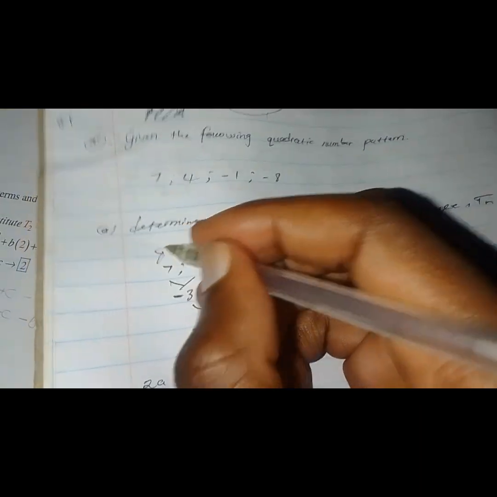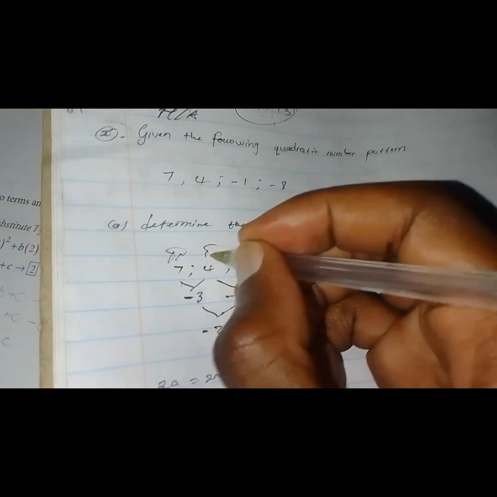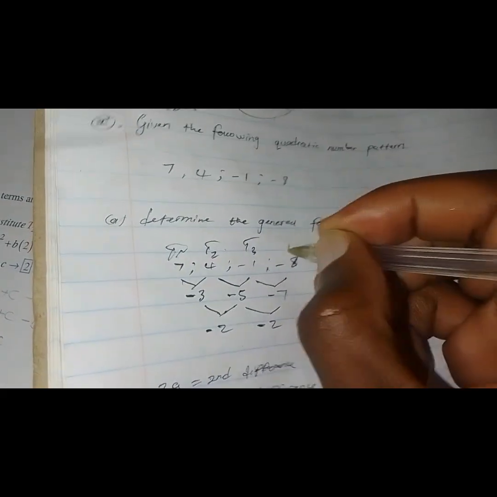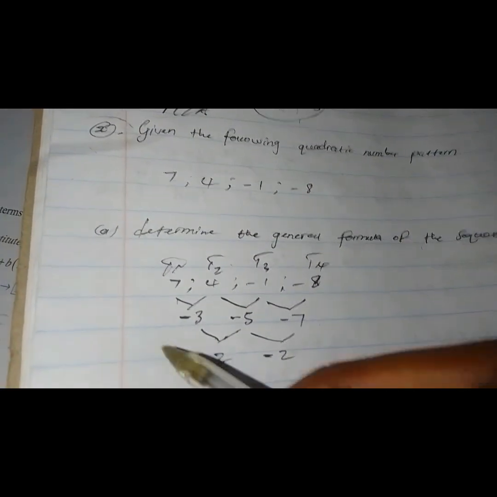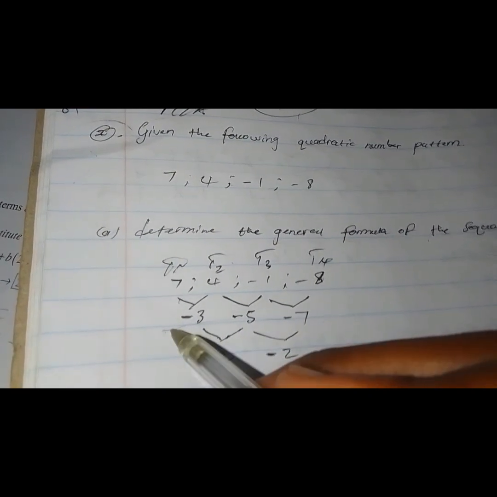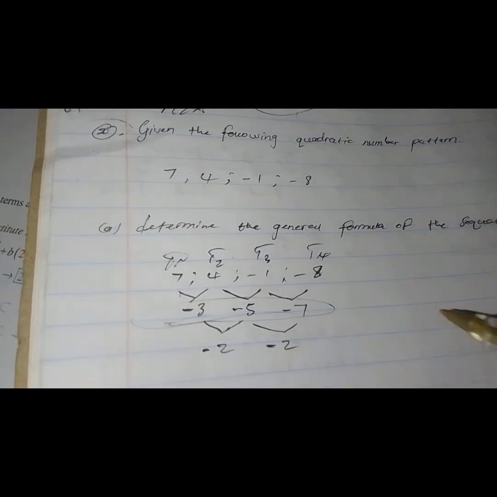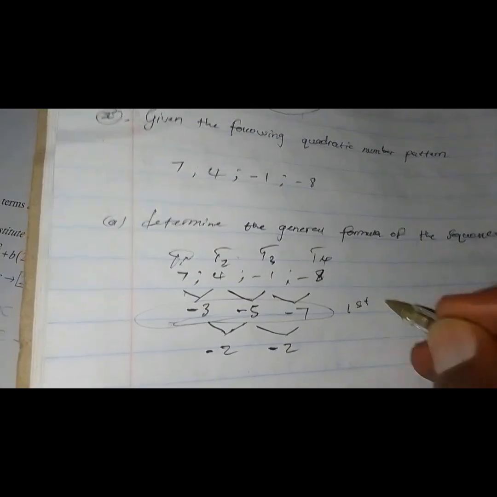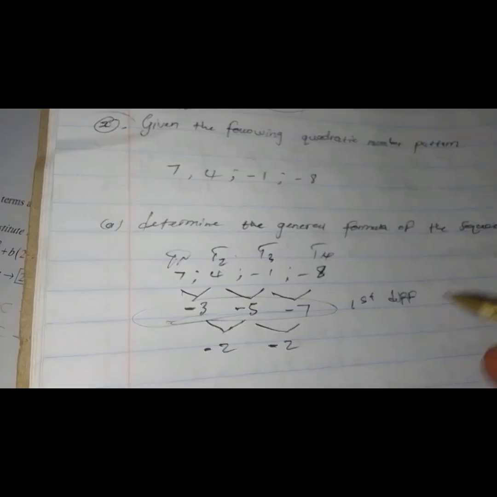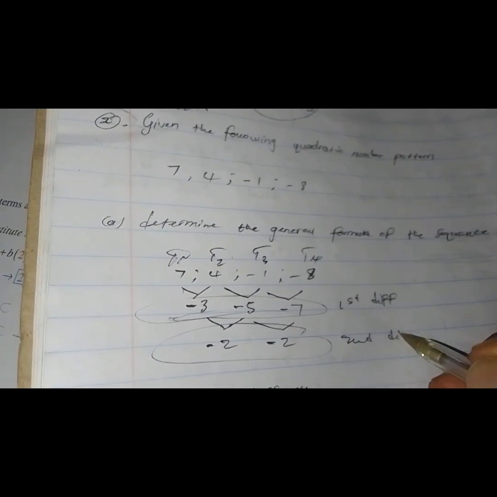This is your term 1, this is your term 2, this is your term 3, and this is your term 4, right? So in order to find the pattern of your first difference, let me say this is our first difference, and this is our second difference.